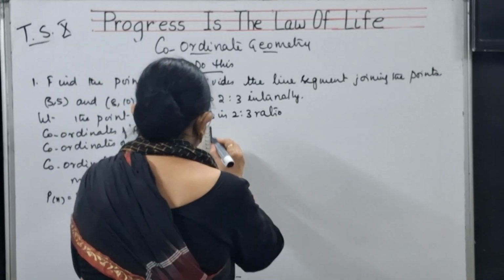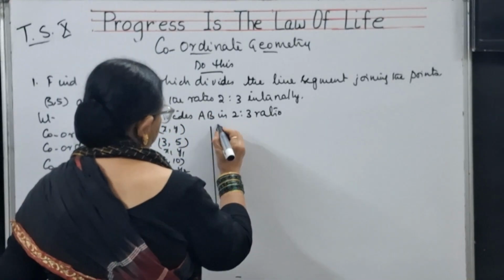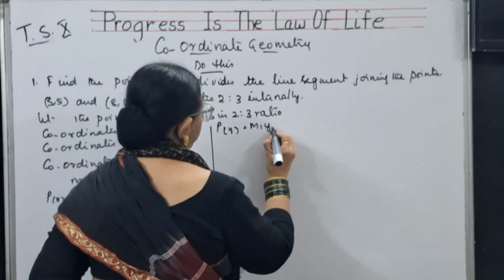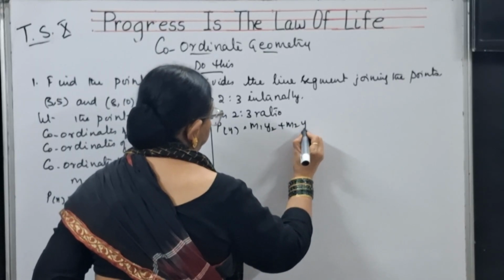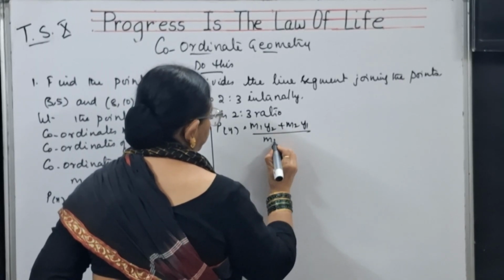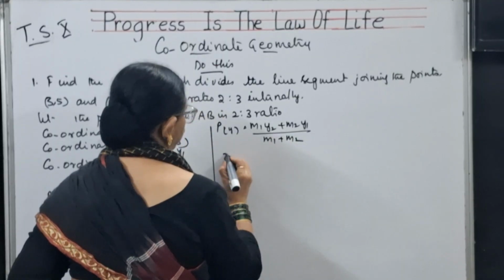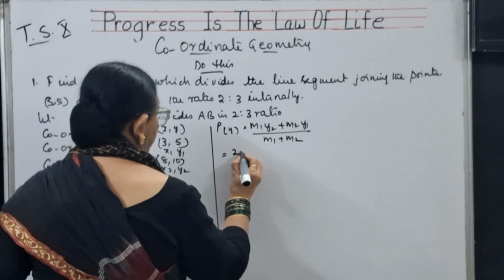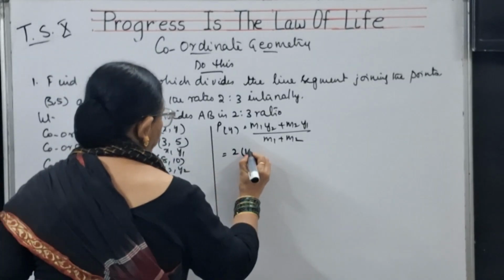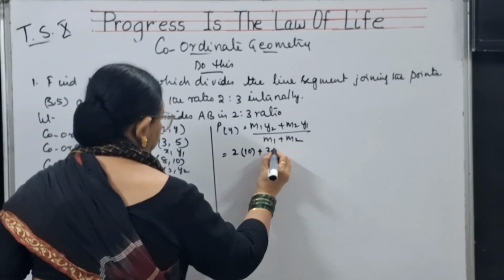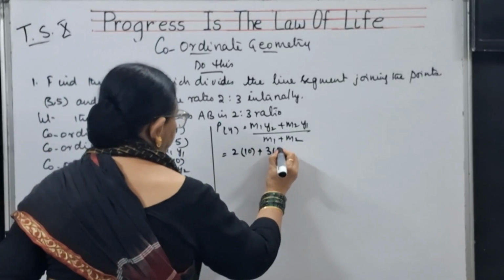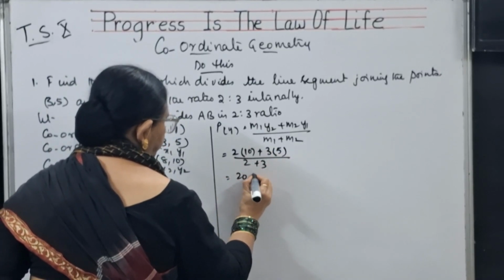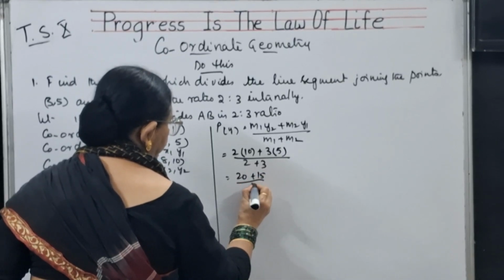Now go for P of y. P of y is equal to (m1 y2 plus m2 y1) by (m1 plus m2). That is, m1 we have got 2 into y2 10 plus m2 3 into y1 5 by 2 plus 3. 20 plus 15 by 5.